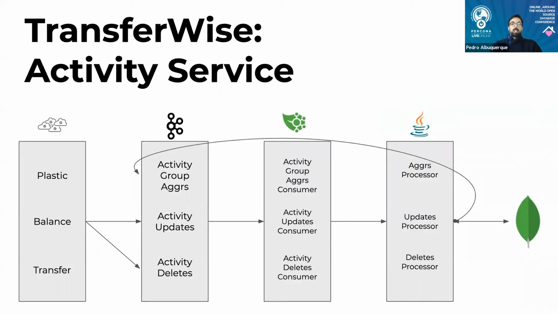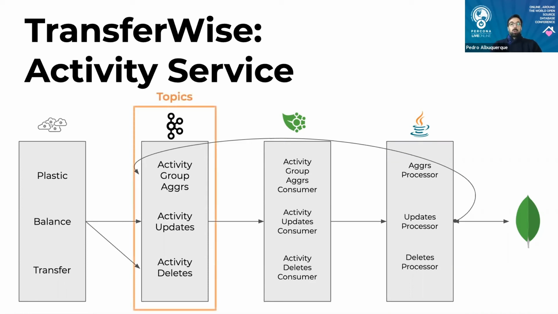The integration between Kafka and MongoDB in activity service is done with spring-kafka and can be logically divided into producers. These are the microservices responsible to serialize and send activity updates and deletes by calling an API made available by the activity service.